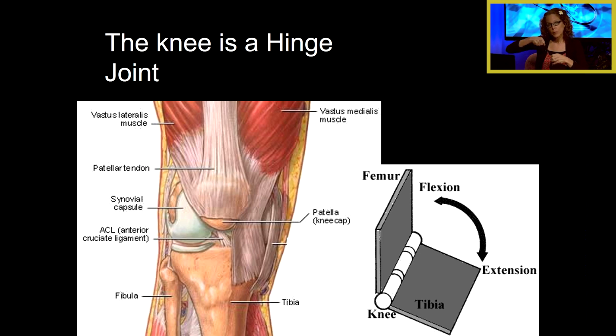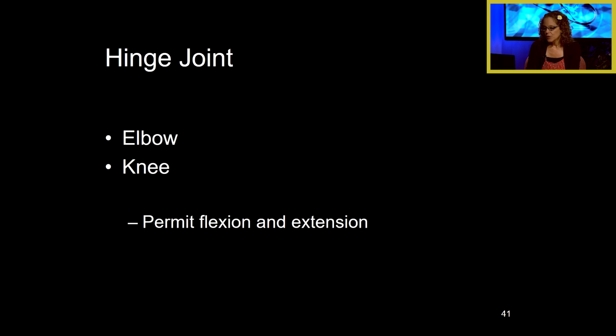So we have our femur bone, and we have our tibia bone, and what our knee is able to do is to flex and extend. Flexion is when we bring something towards the body, and extension is when we move the limb away from the body. So that is the knee joint. Our elbows and knees are both examples of hinge joints that do permit flexion and extension.